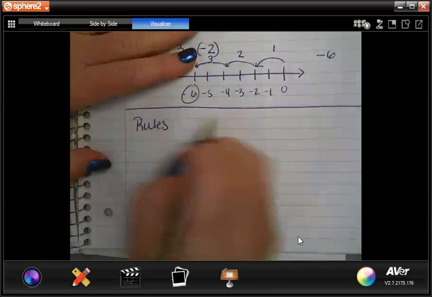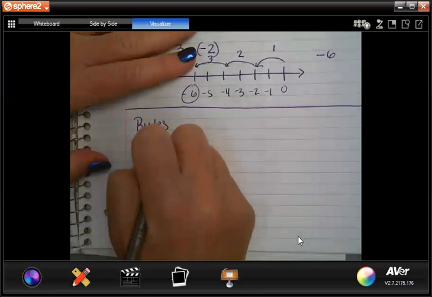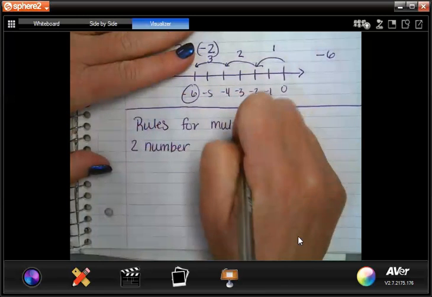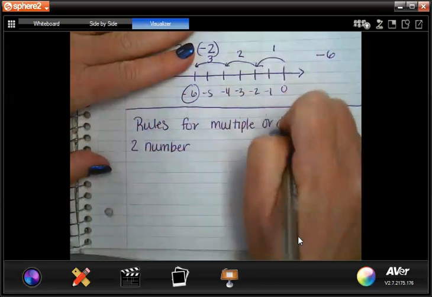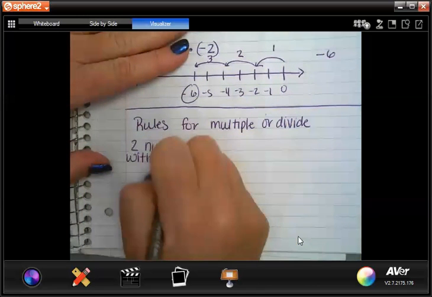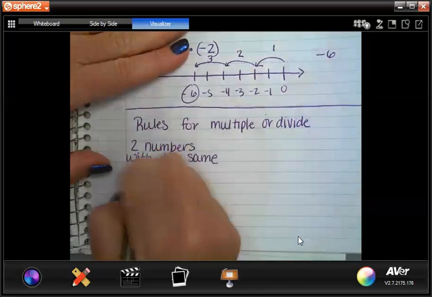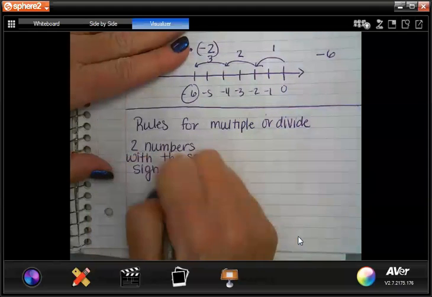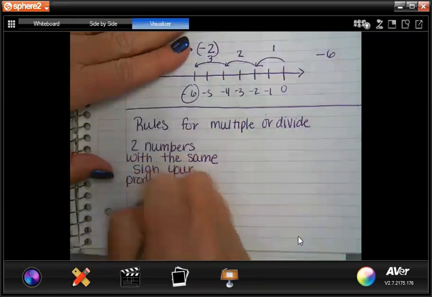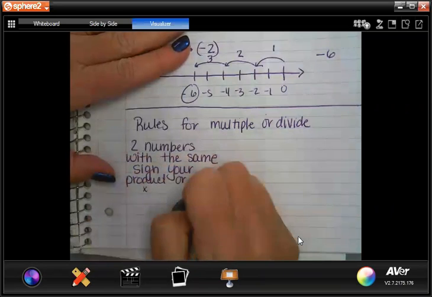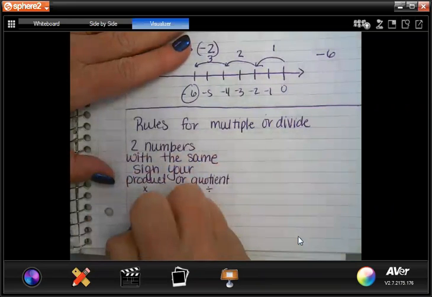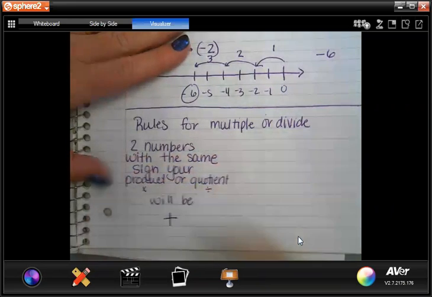When you multiply or divide 2 numbers with the same sign, your product, which is multiplication, or quotient, which is division, will be positive.